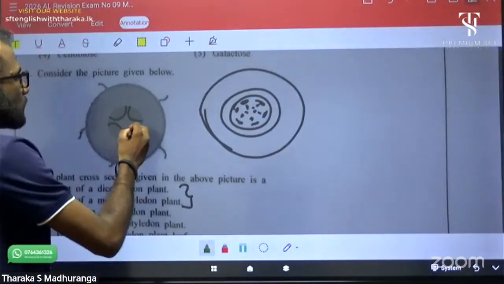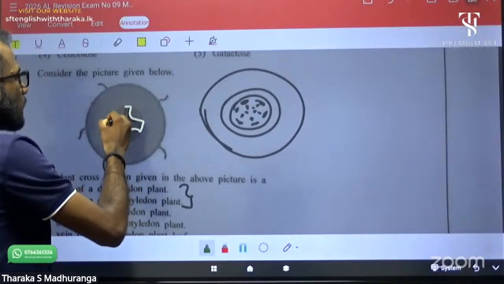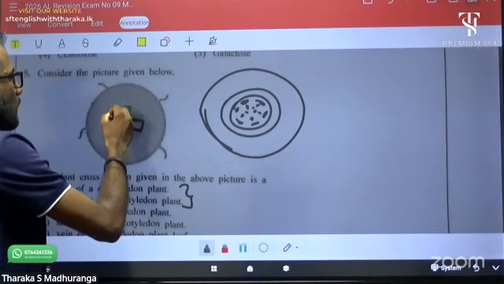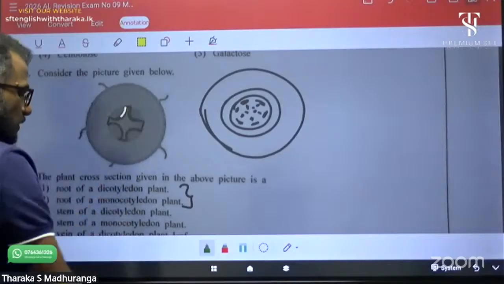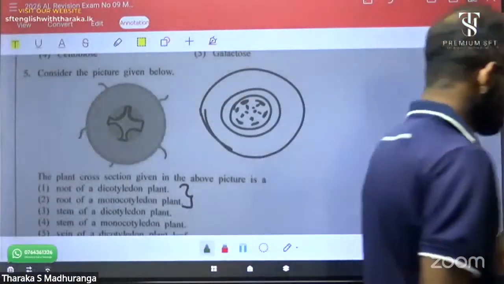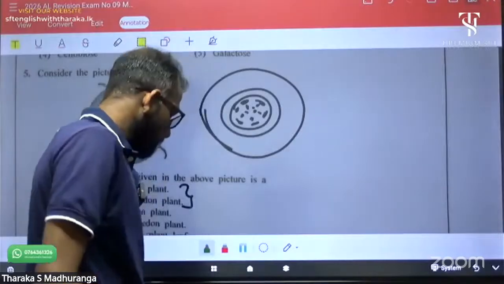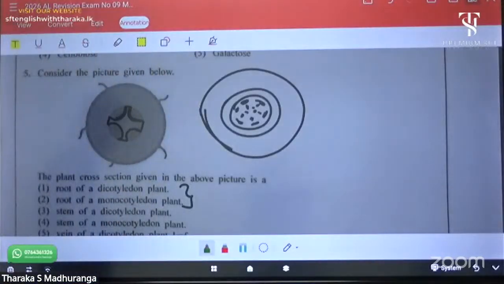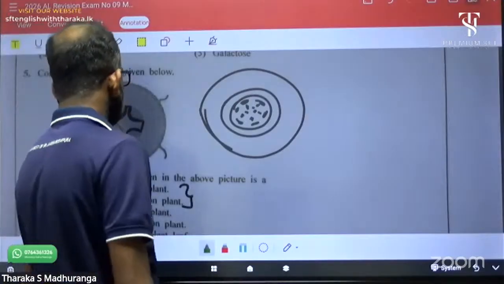If it is clearly shown, observe this star-shaped xylem, it is definitely a dicot plant root.